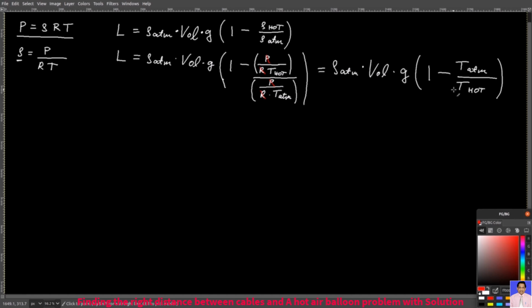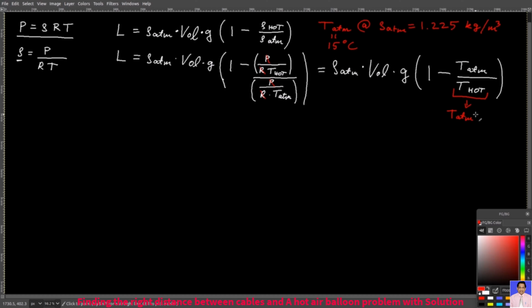But we can go even further. We can take this T hot and say that it equals the temperature at sea level, which is 15 degrees Celsius, because remember, T ATM was at the air density at sea level, which was this one, and so T ATM was 15 degrees Celsius, according to the International Standard Atmosphere Organization.